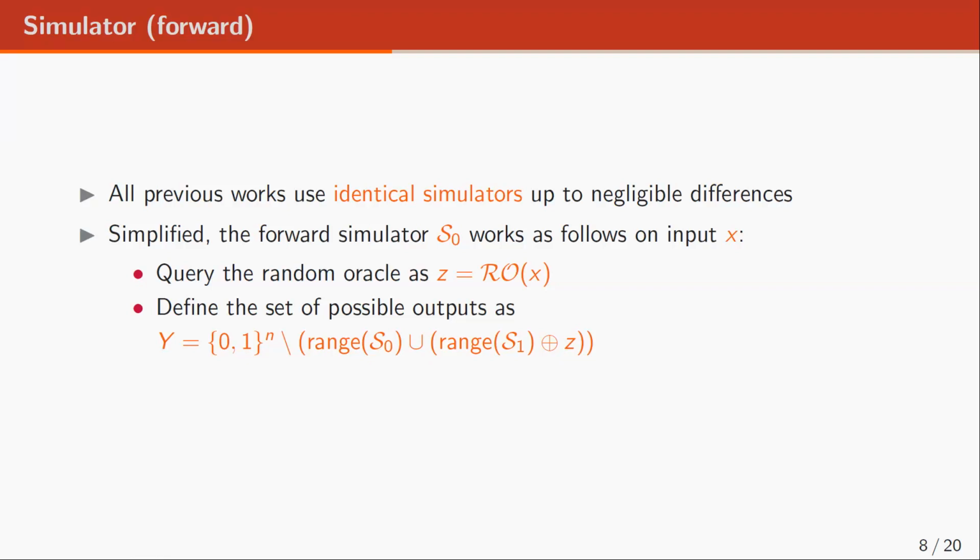In principle it wants any n-bit string as a possible output, but it is a permutation, so it cannot output something it previously outputted. Because this value will also force the output of S1, there can also be no collision there, which gives some more limitations. And because it is the sum of permutations, there is an offset z there. From all these possibilities, it simply draws uniformly at random from this set to get y0, and returns this y0.